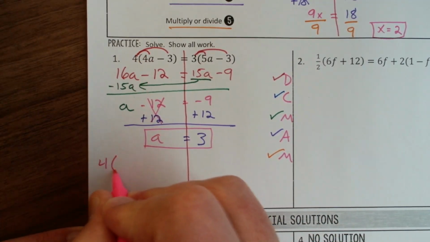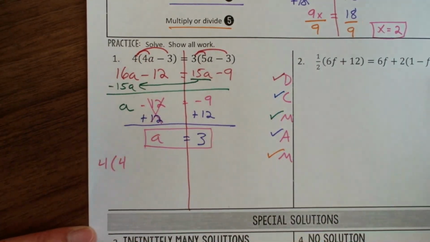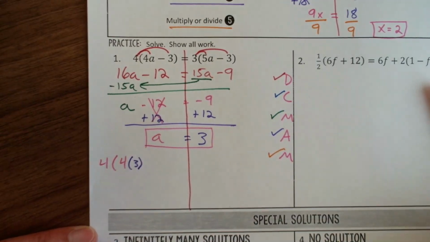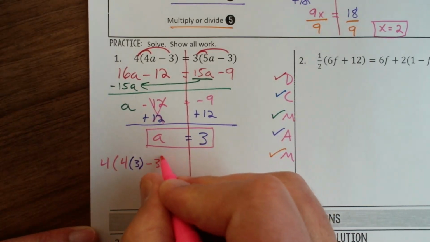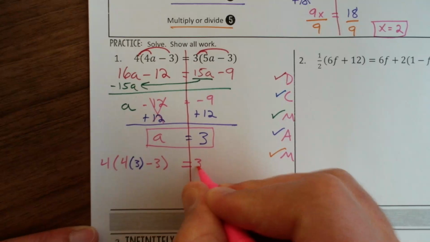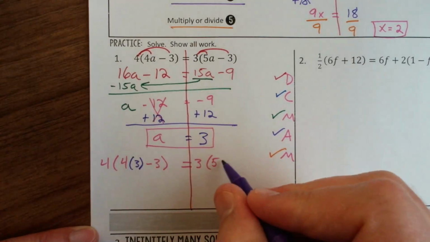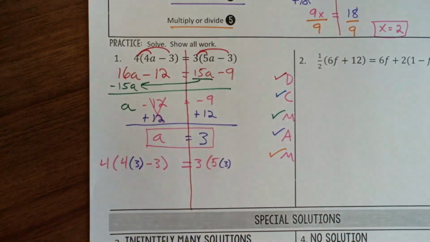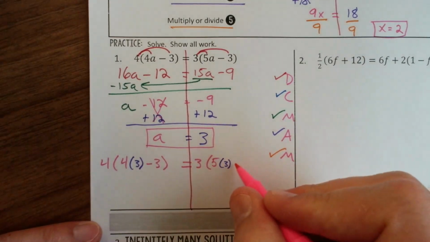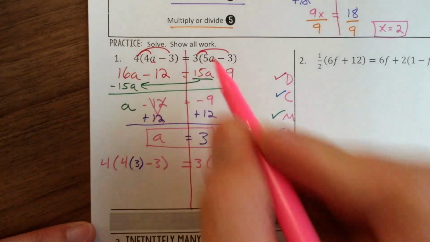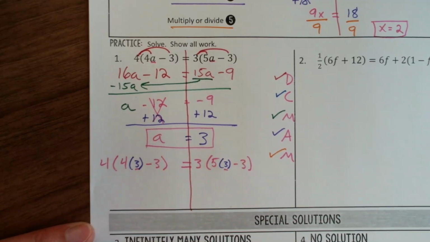So let's check. 4 parenthesis 4, I'm going to substitute using purple, times 3, minus 3 equals 3, parenthesis 5, instead of a, I'm writing a 3, minus 3. I have substituted in this a value and this a value with 3s.